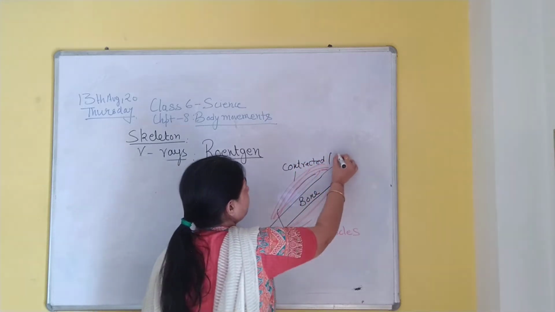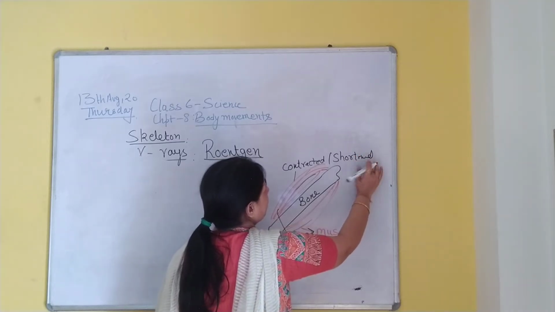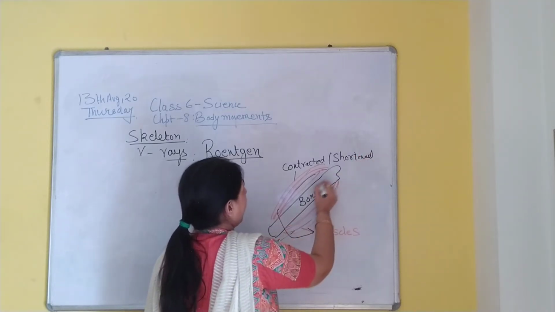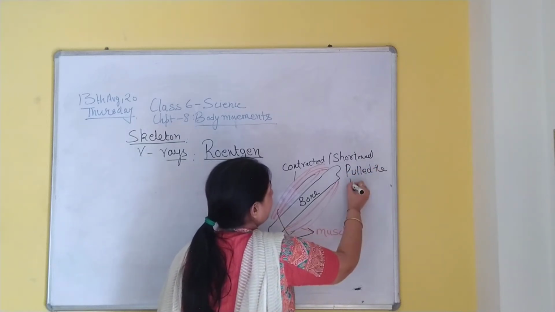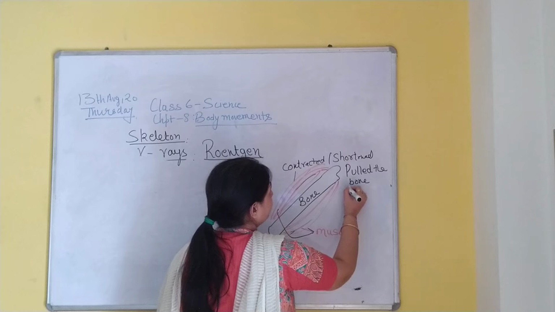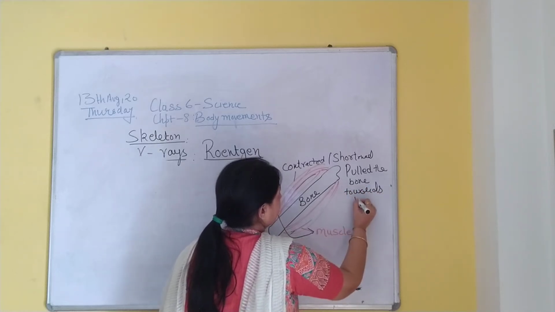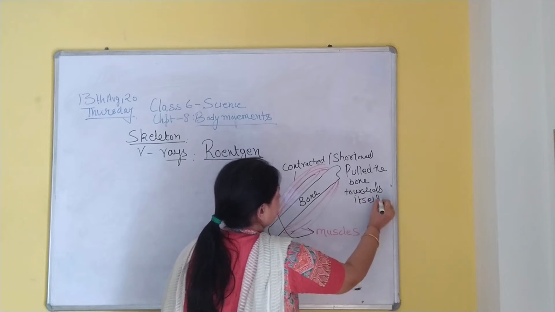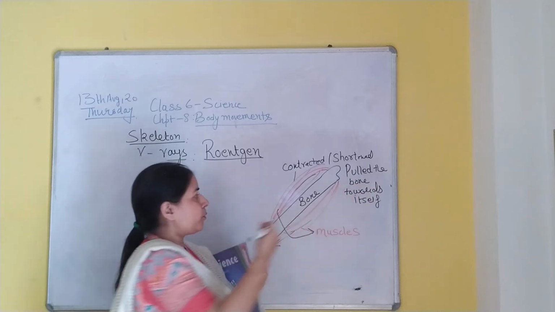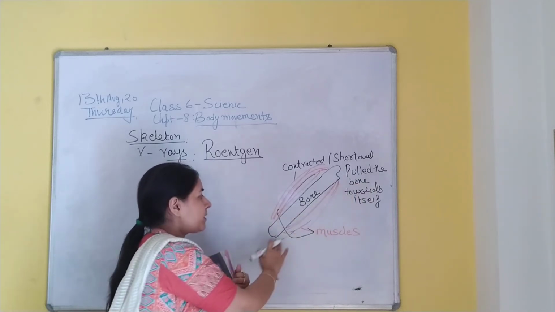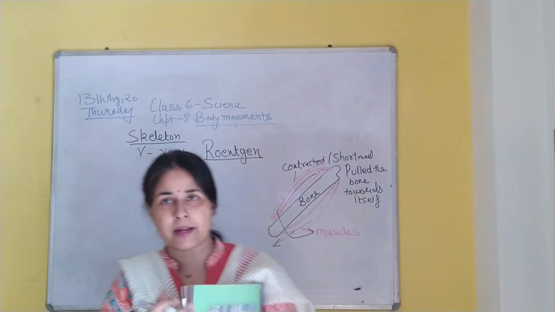It has shortened, शॉर्ट हो गई है, and it has pulled the bone towards itself. Now, the muscle has contracted, it is shortened, pulled the bone towards itself, meanwhile the other muscle is relaxing.